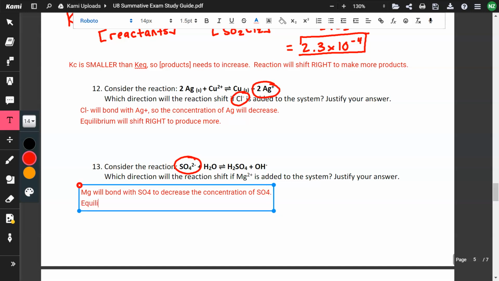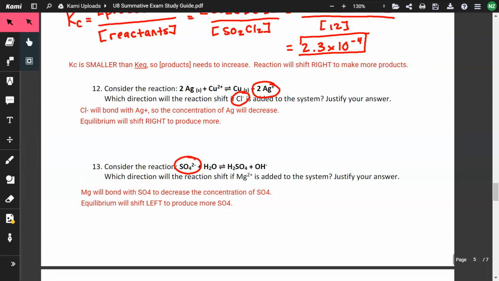Equilibrium will shift left to produce more SO4. Okay, so we're subtracting SO4. Concentration's going away because magnesium is bonding with it. Subtract, it stays. So SO4 is on the left. If it is removed, equilibrium will stay on the left. All right, let's move on.